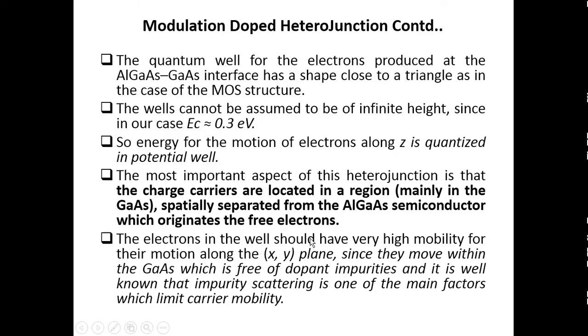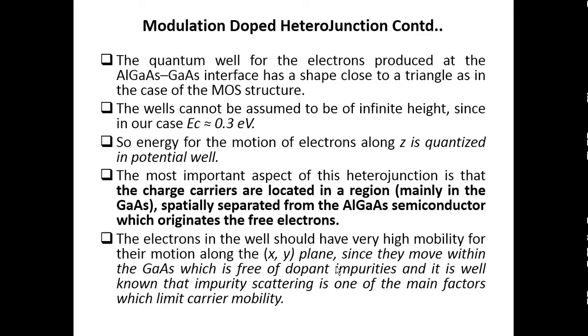The electrons in the well should have a very high mobility for their motion along the xy plane, since they move within the gallium arsenide, which is free of doped impurities. And why is this high mobility of electrons possible in the xy plane?